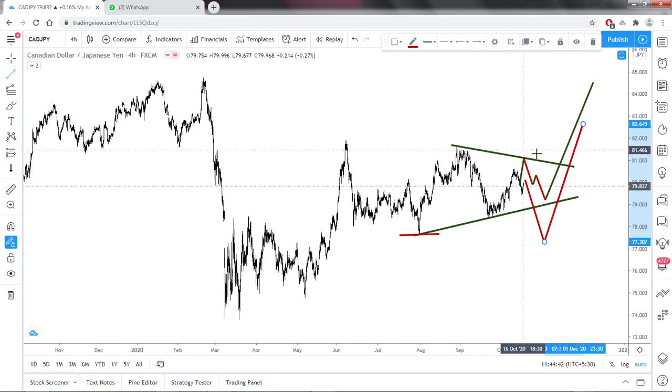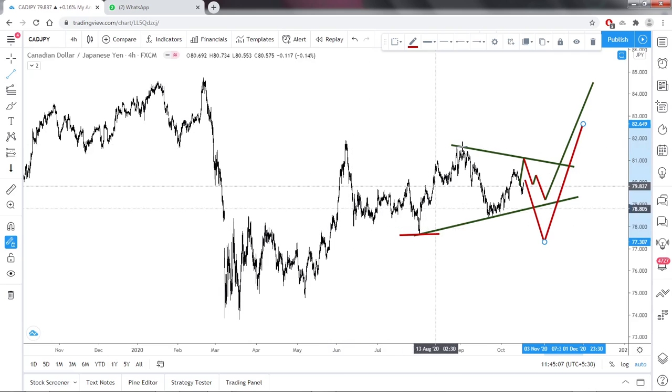But if it is making a triangle, I will enter once it breaks this high for the target of 84. So that is the safe trade. If it is a triangle, we can place a stop loss, which is invalidated exactly at the end of the E wave. We may enter above that B wave.